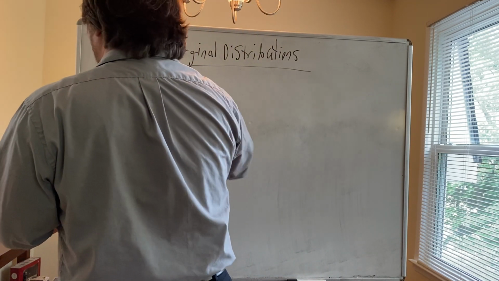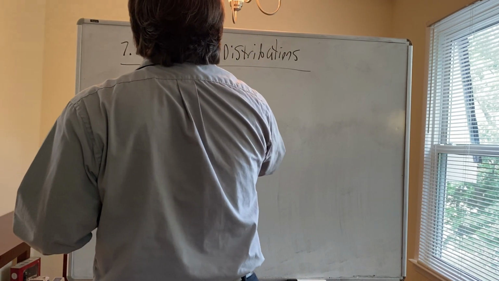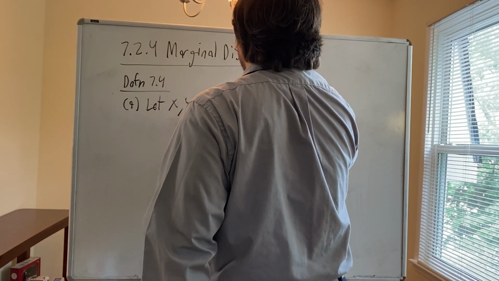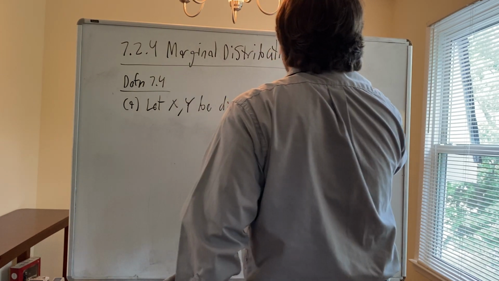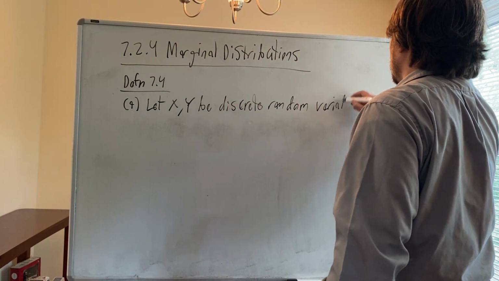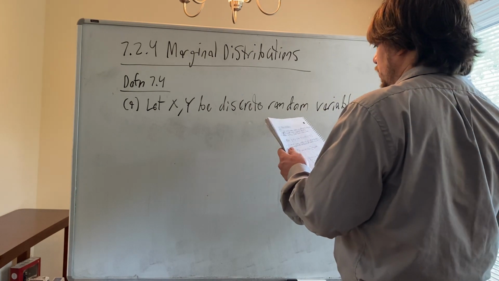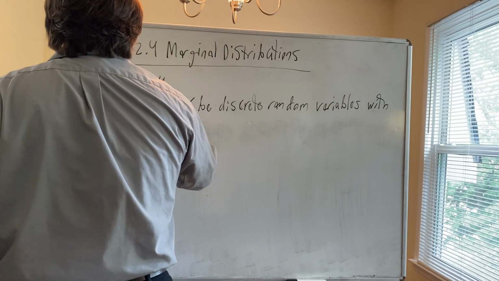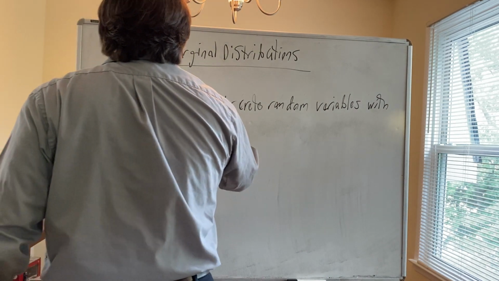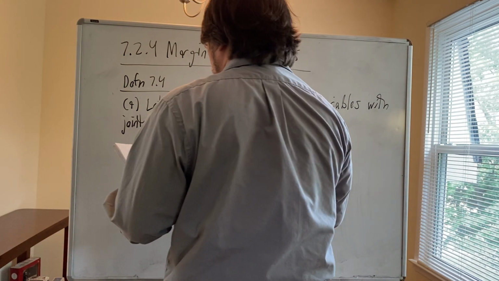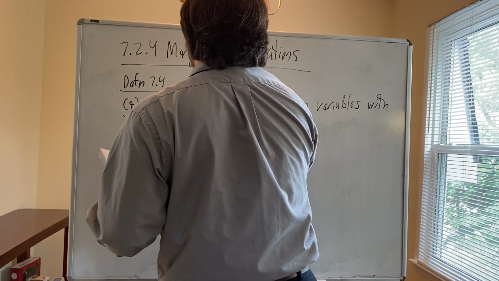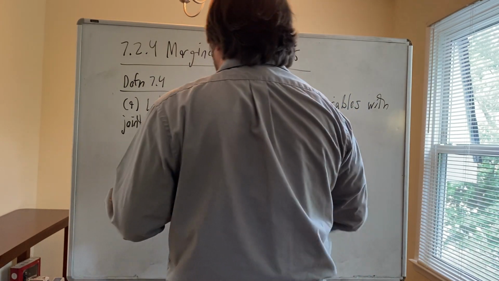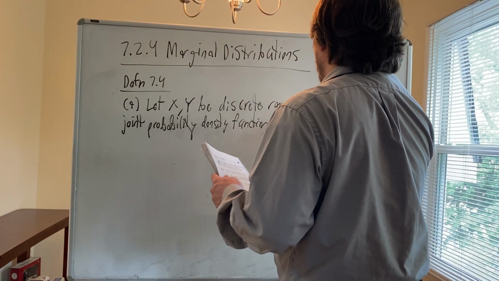Part A. Let X and Y be discrete random variables with joint probability density function, little f of x comma y.